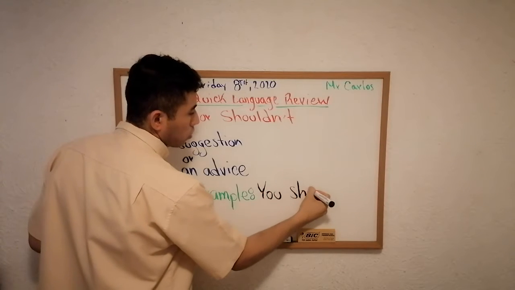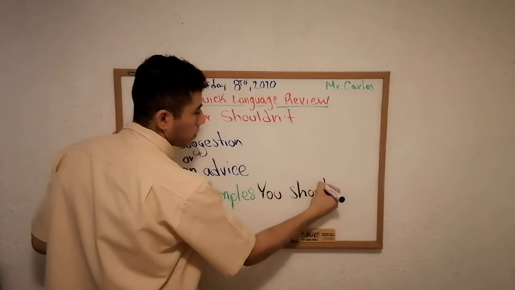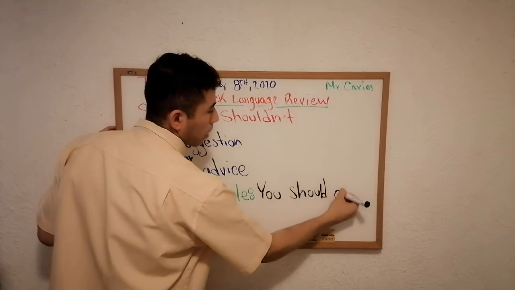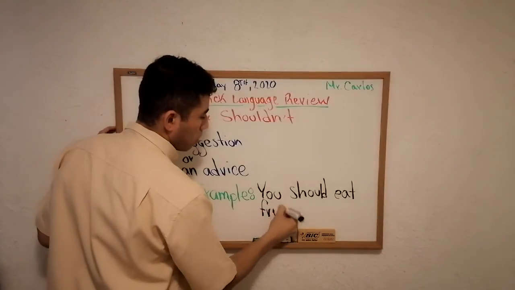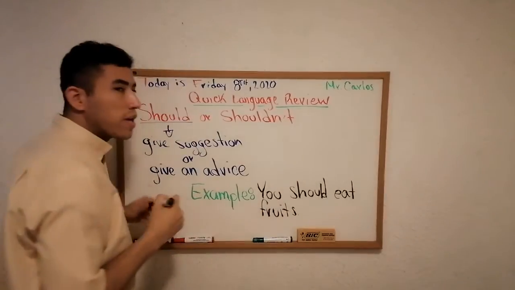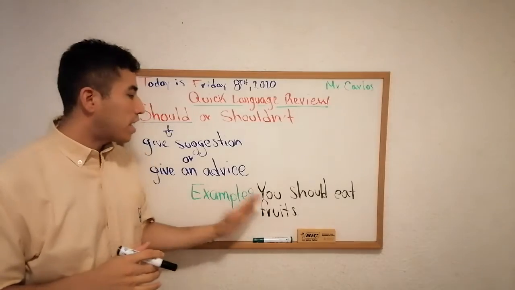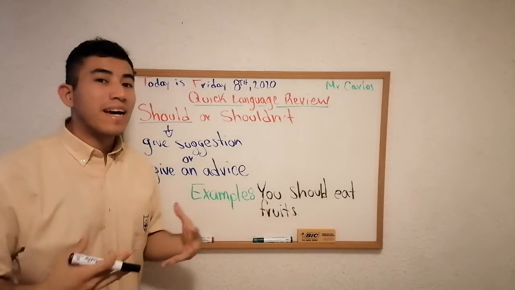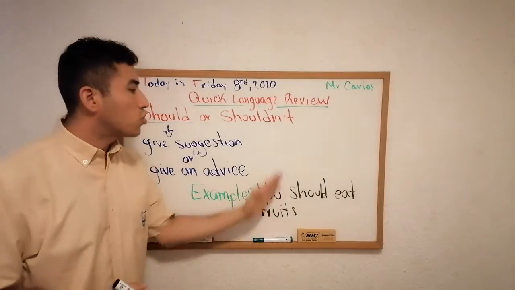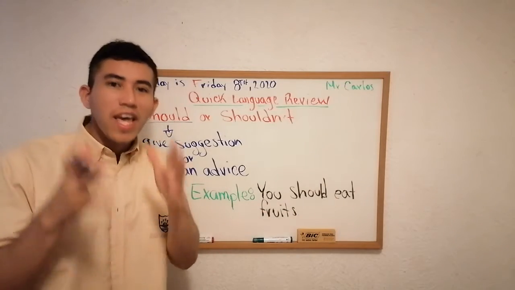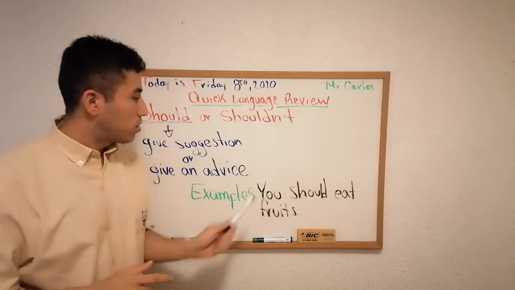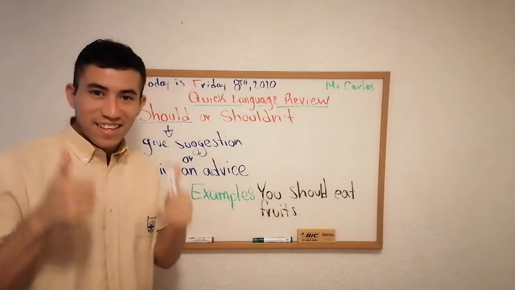You should eat fruit. That will be an example using should. Here I'm giving you an advice or a suggestion. You should eat fruit because fruits are healthy. So you should eat fruit. Alright?